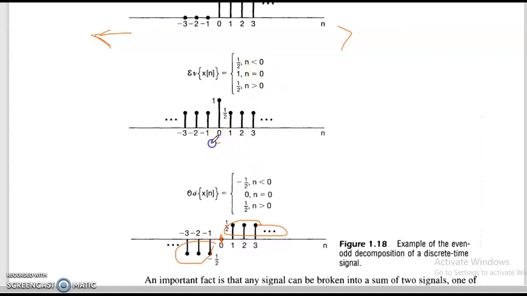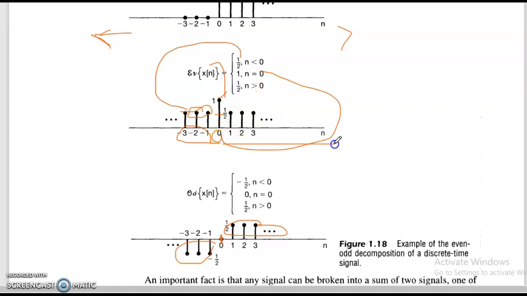When n equals 0, x of n equals 1. When n is greater than 0, x of n is 1 by 2 again.